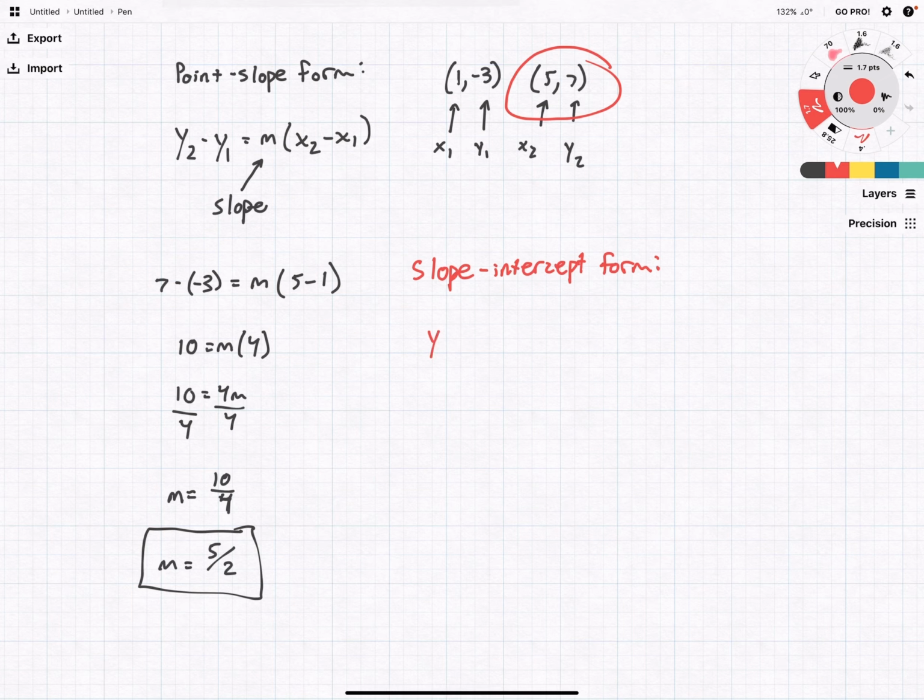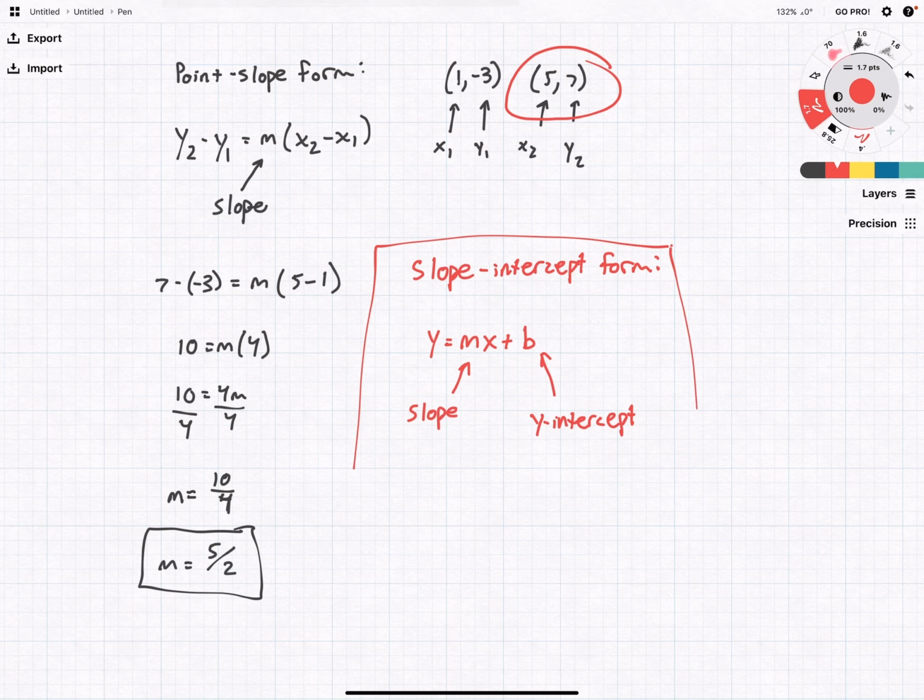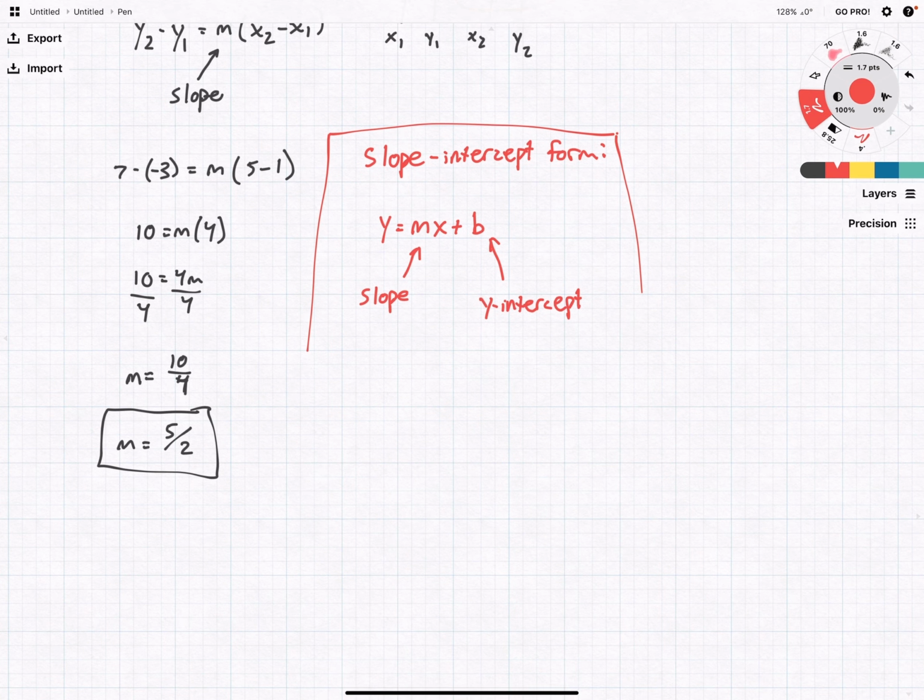So y, which is your function, equals m, the slope, times x, that's your input, plus b. So again, I'll write here where m is your slope, b is your y-intercept. B is whatever your function equals when x equals 0. So that's part of the reason why it's called slope-intercept form, is we have a slope m and we have an intercept b.